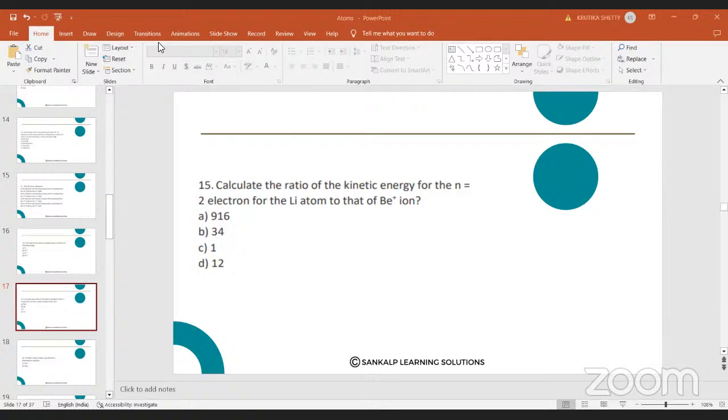So option A is right, that is 9:16. Then the next question.